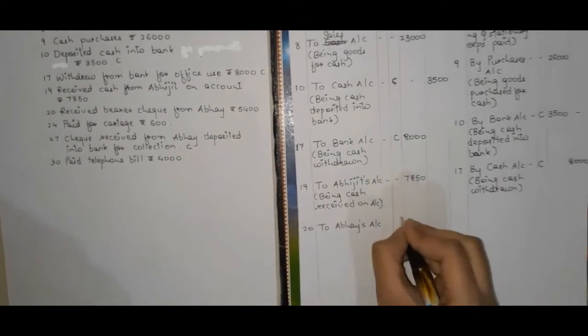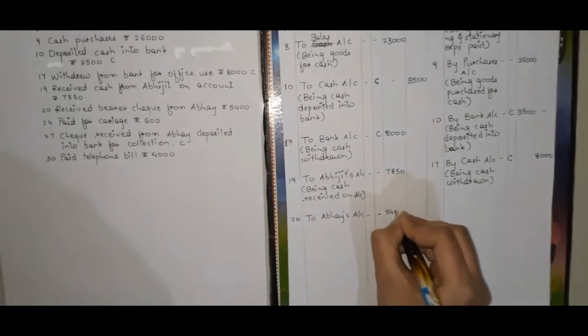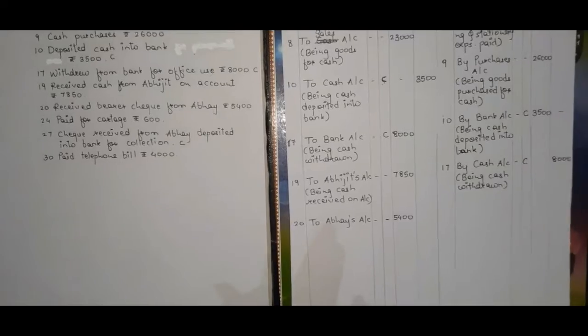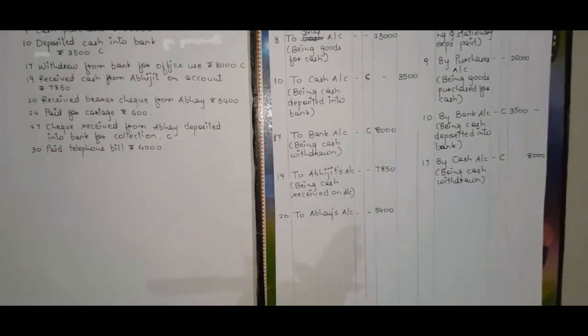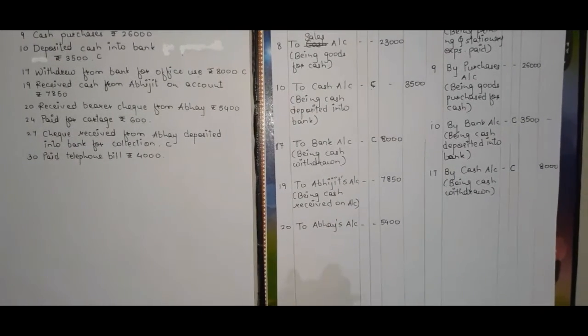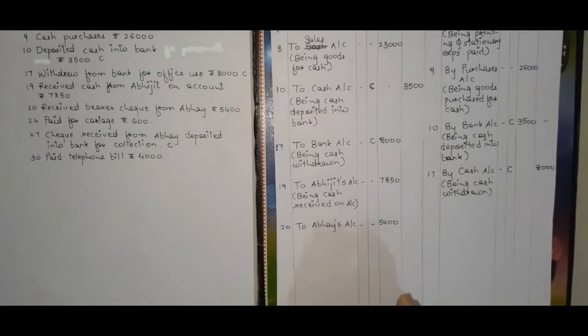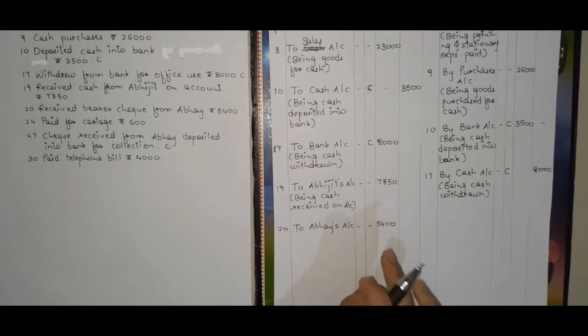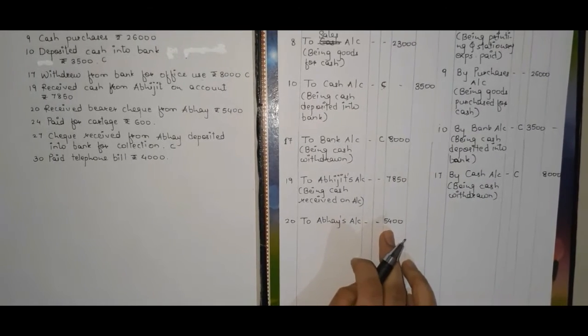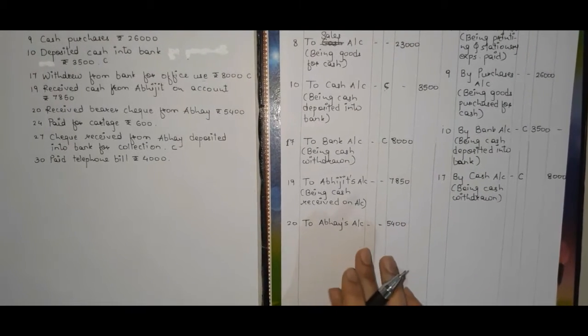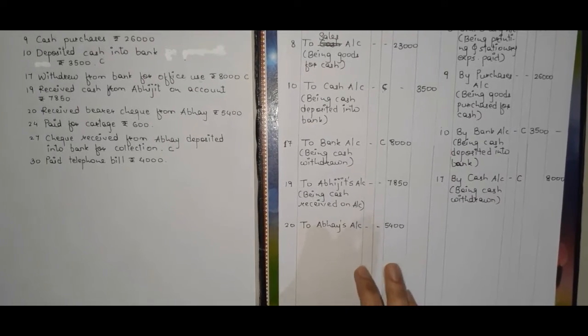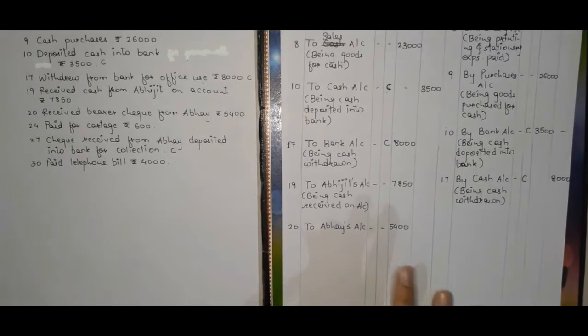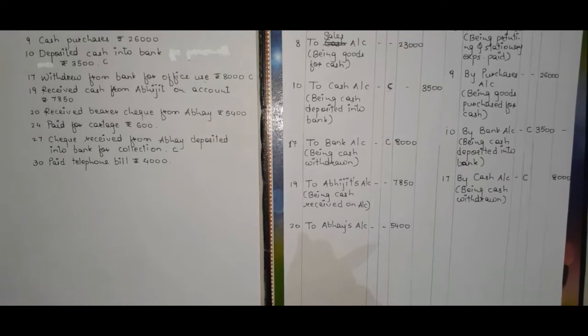So we will write here in the cash column the amount 5,400. Now why have I written this amount in the cash column? Because we haven't deposited this bearer cheque into the bank for collection of the amount. I already told you, by default we have to write the amount in the cash column. It is not being deposited into the bank for collection, we have just received that cheque from Abhay, so we are writing that amount in the cash column.